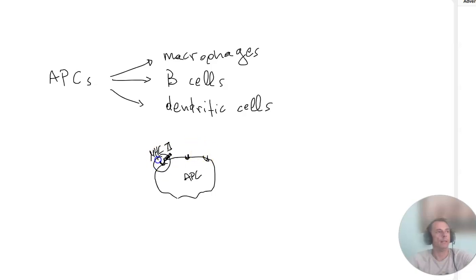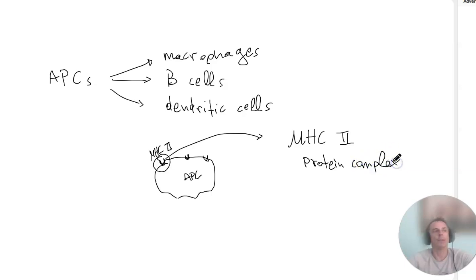Now, an MHC class II molecule is a protein complex on the surface of the APC, as we've said, which consists of a beta chain and an alpha chain.